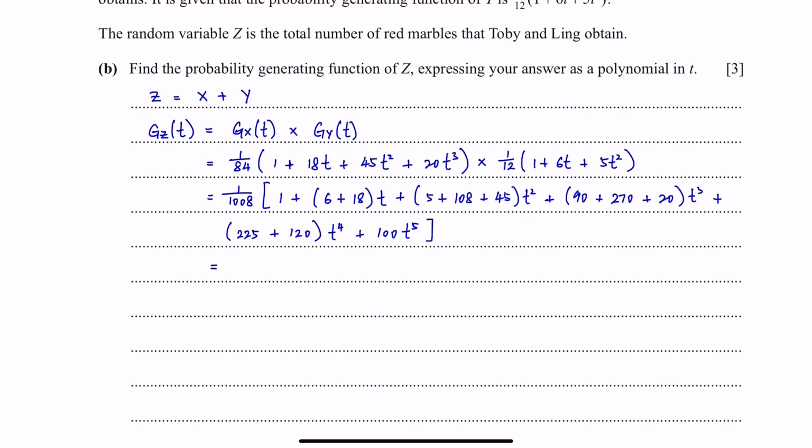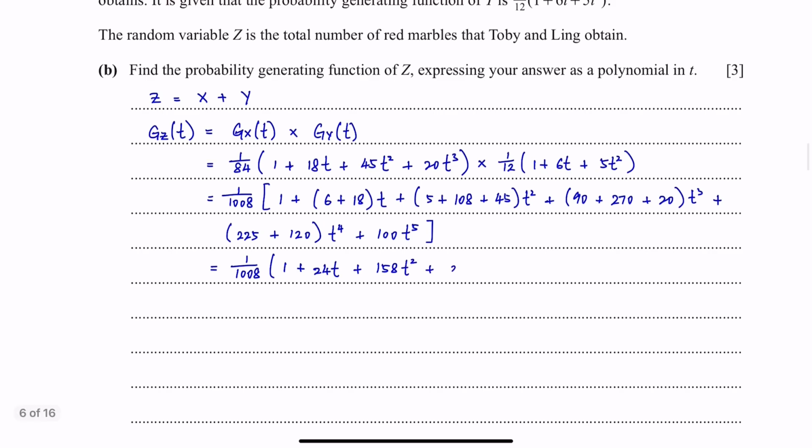So now I just simplify the bracket. So we have 1 over 1008 times 1 plus 24t plus 158t squared plus 380t cubed plus 345t to the 4 plus 100t to the 5.